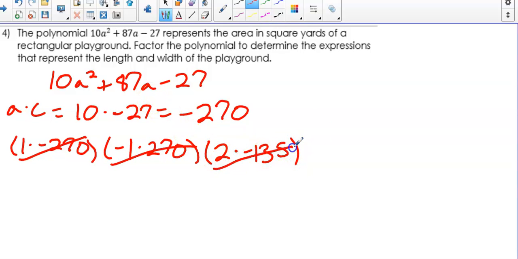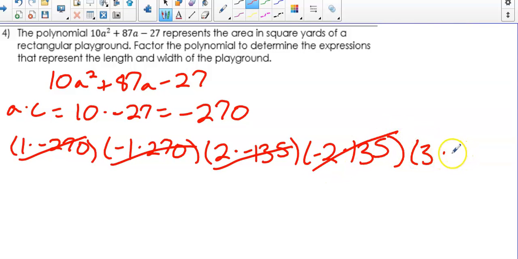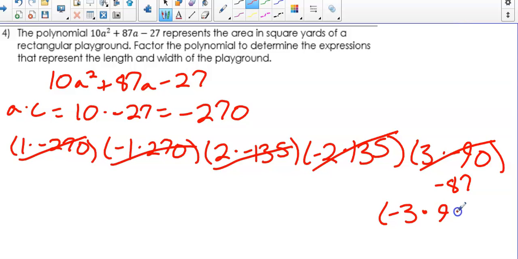Those don't add up to 87. This one won't work either. So I could do 3 and negative 90. Those add up to negative 87, so I'm at least almost there. But what about negative 3 and positive 90? They multiply to give us negative 270, and they add up to give us positive 87. So this is what I want to work with.